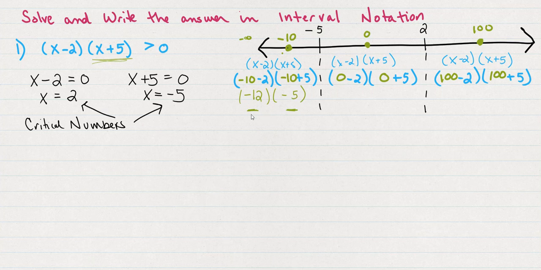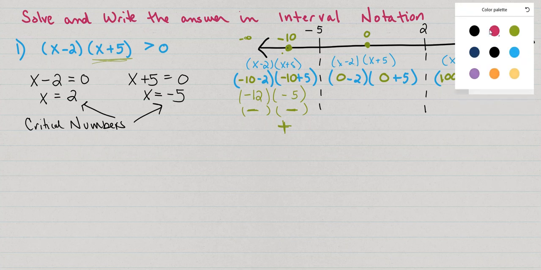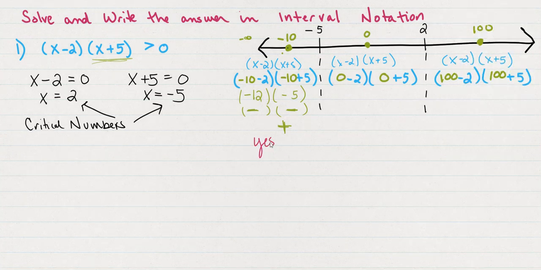And what happens if I multiply a negative times a negative? I get a positive. Now, is a positive value greater than 0? Yes, it is. So here we get part of the interval that's included. So anything from negative infinity up to negative 5, but not including negative 5, would make this inequality true.